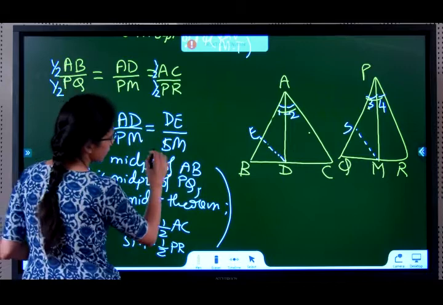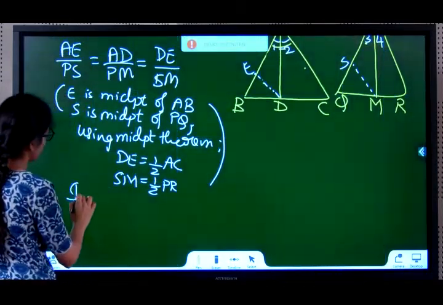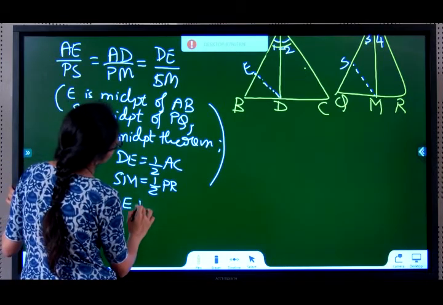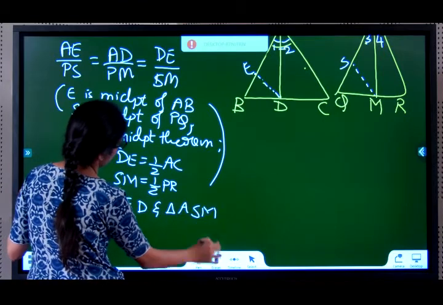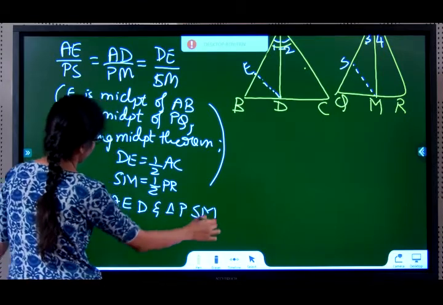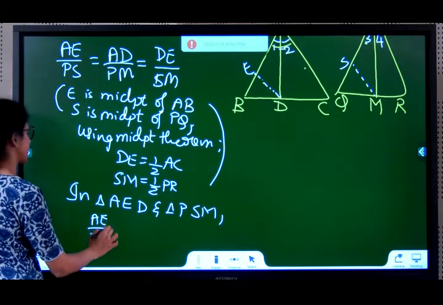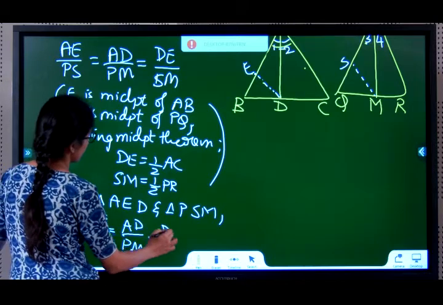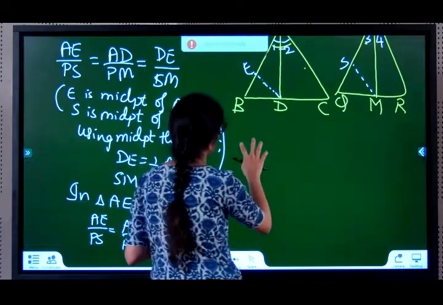So now I am going to use this itself in the triangle. So in triangle AED and triangle PSM, we have AE by PS is equal to AD by PM is equal to DE by SM. Let me just bring the figure down.